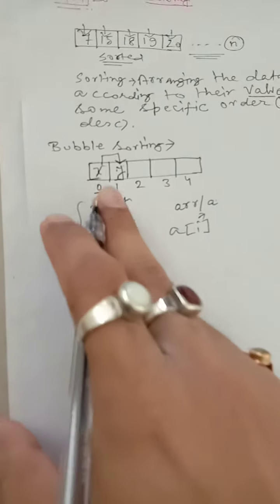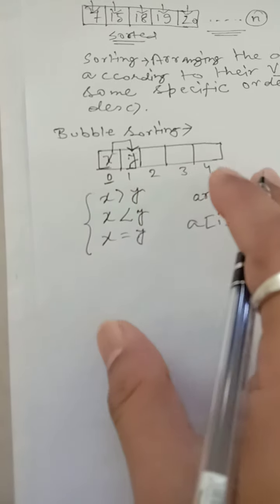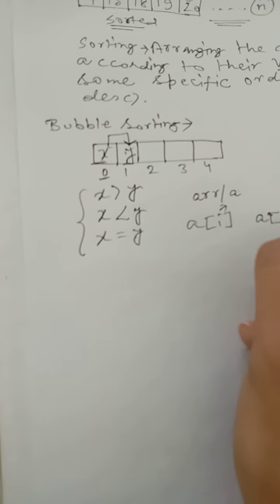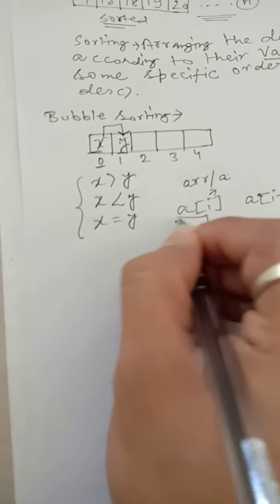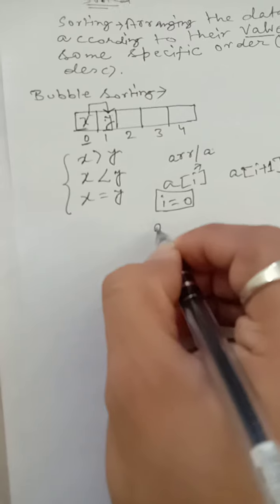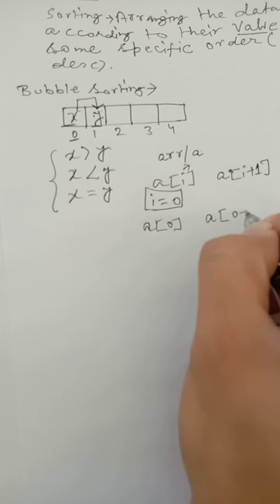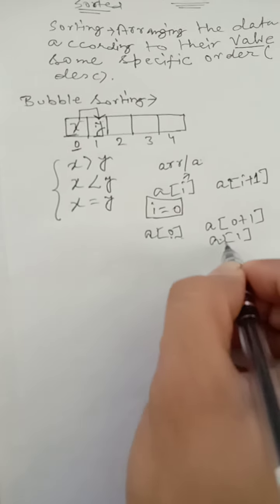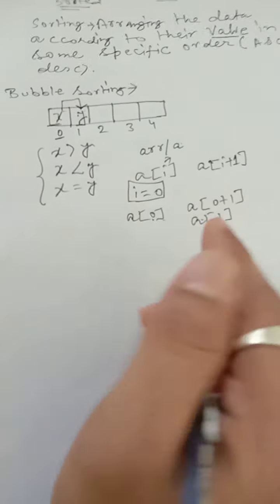This A of I, that is the first element, will be compared with the immediately succeeding element, that is A of I plus 1. Now if I suppose the value of I is 0, that is A of 0 will be immediately compared with A of 0 plus 1, that will be A of 1. That is the immediate element after A of 0, right?